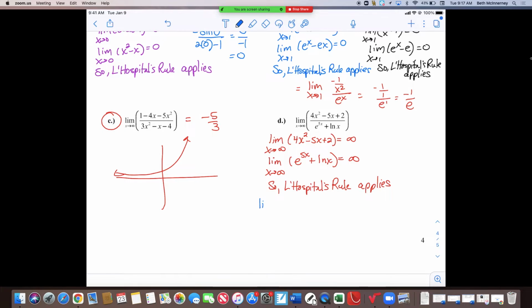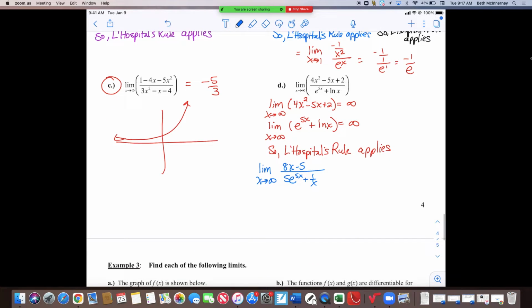So then this would be equivalent to 8x minus 5 over 5e to the 5x plus 1 over x. Well, I'm going to have a problem again because the limit as x approaches infinity of 8x minus 5 is going to infinity, and that's going to go to infinity.